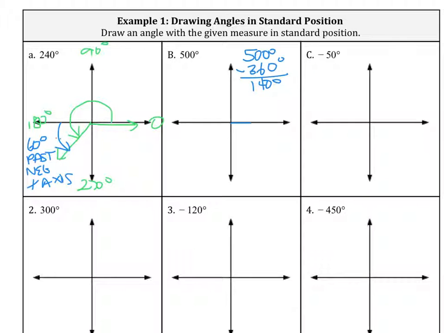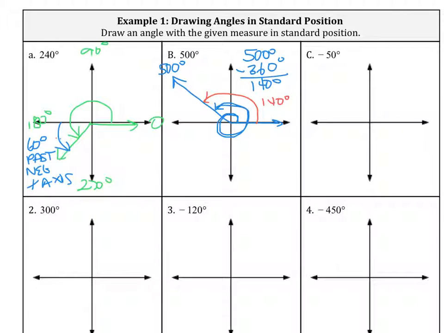So how you do this is you have to draw the initial side, and you know it goes all the way around to 360, and you know it's going to stop at the 140, which is somewhere in here. Okay, so you show the rotation, how many times it rotates, by drawing this directional arrow here. And so this is 500 degrees, but it ends up being 140 degrees past the positive x-axis.